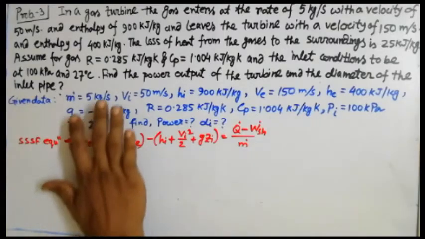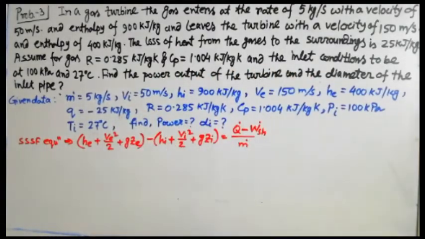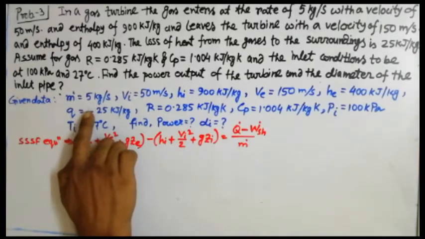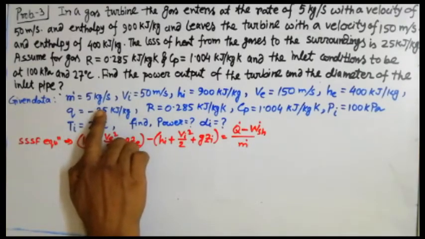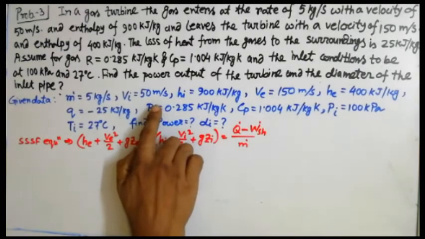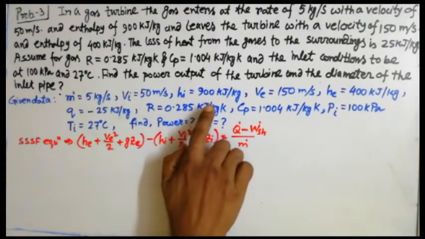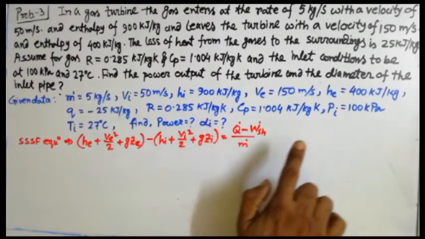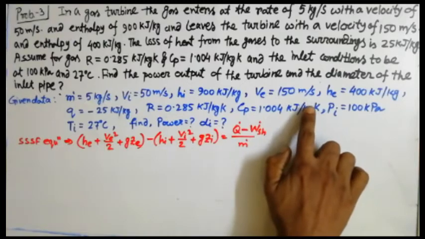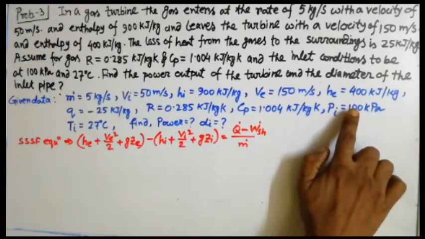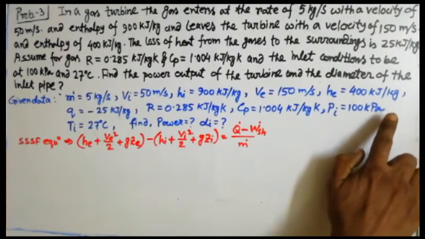That's why I have written all the given data over here. That is mass flow rate, 5 kg per second, inlet velocity Vi 50 meter per second, specific enthalpy at inlet 900 kilojoule per kg, then exit velocity 150 meter per second, specific enthalpy at exit 400 kilojoule per kg.